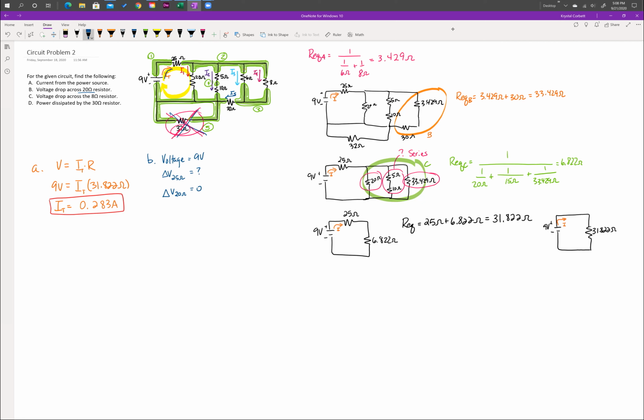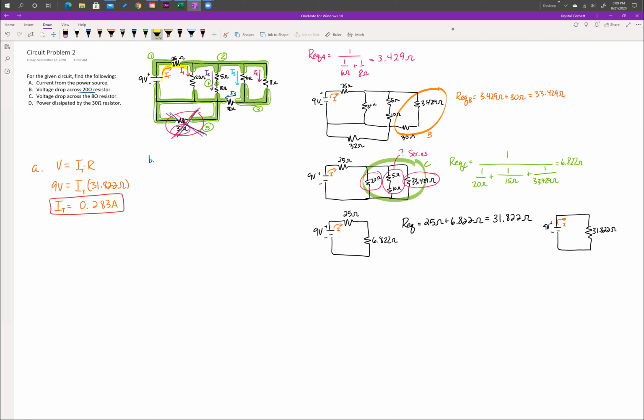Those are the only resistors that loop passes through. So notice how we leave the 9 volt power source, that's our voltage rise, 9 volts. It passes through the 25 ohm resistor and then the 20 ohm resistor. And so it has to have a voltage drop across the 25, a voltage drop across the 20, and then it completes that loop. And therefore you're only having those 2 voltage drops.